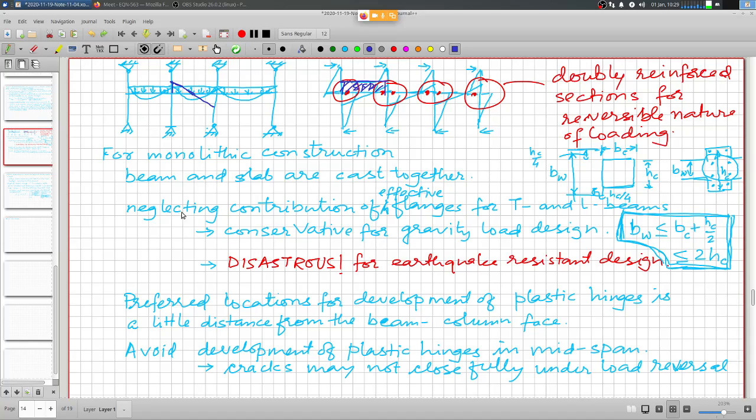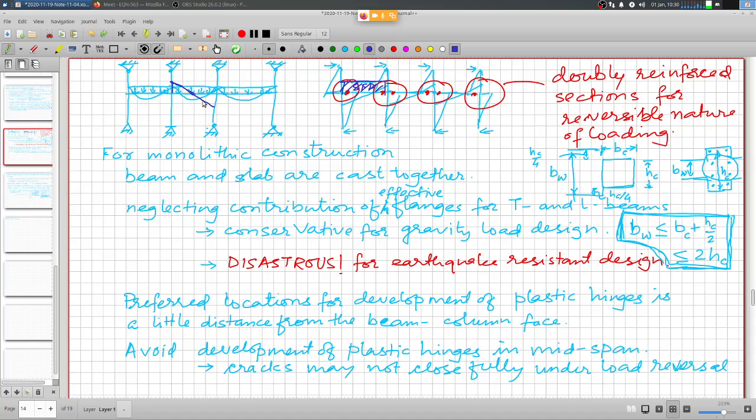When we combine these two, it will add to more shear force at this end, and it may reduce here, but this is reversible in nature, so you have to take into account plus or minus signs.